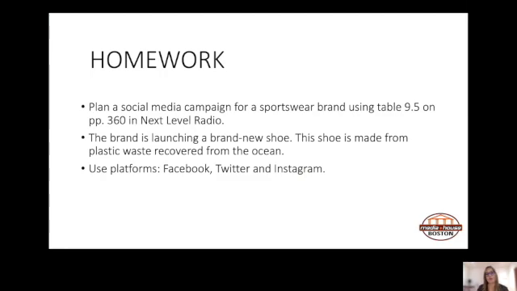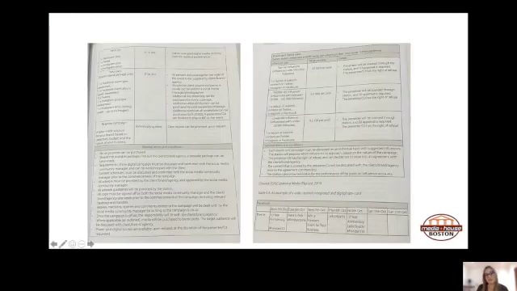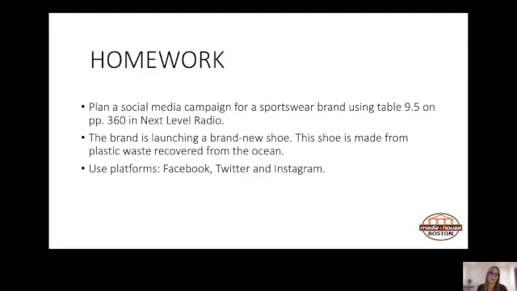For homework, what I want you to do for me is to plan a sportswear brand using table 9.5 on page 360 in Next Level Radio. So that is this one here on the right-hand side, okay, the one that starts with PowerSpot digital rates at the top. And the brand is launching a brand new shoe. This shoe is made from plastic waste recovered from the ocean.